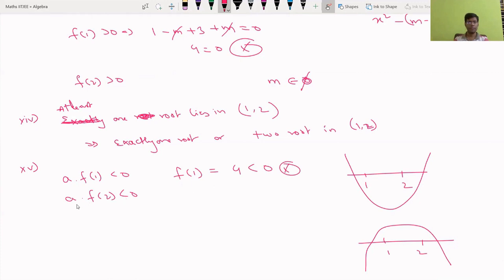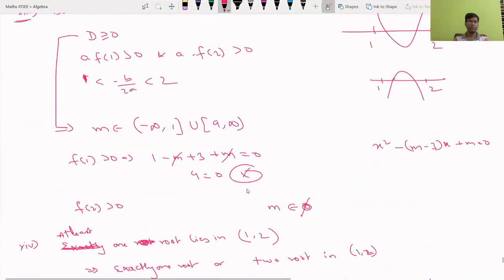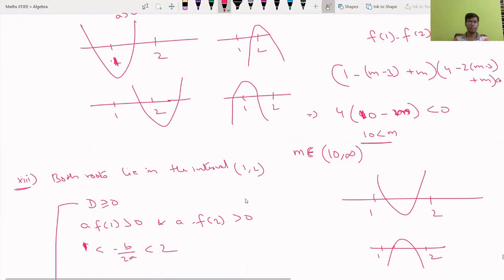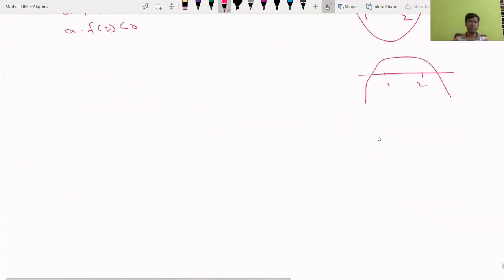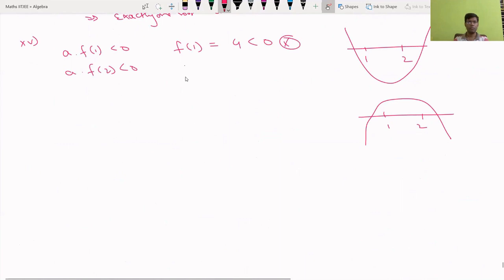And then for the second condition, we have done this before, f of 2 here is 10 minus m, so f of 2 is 10 minus m less than 0. Because one of the conditions is not possible, m belongs to the null set. No such m will exist.